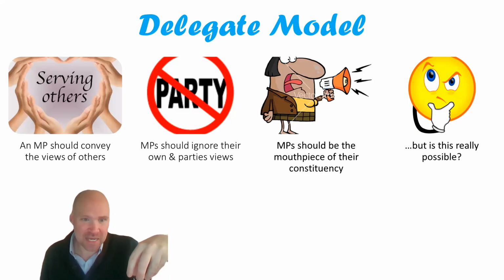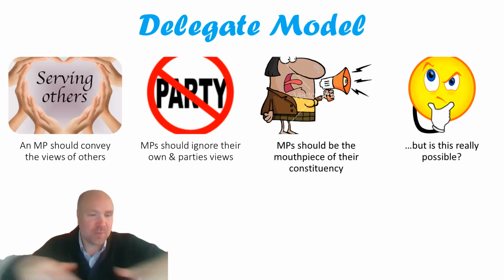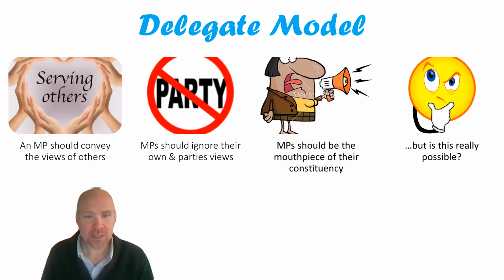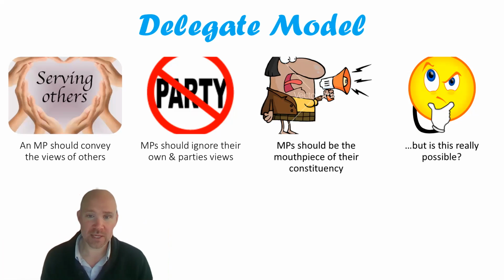That person is then being a delegate. It's one person who is there not to necessarily represent themselves, but to represent the other people from where they came from. This model argues that MPs should ignore their own views and ignore their party's views, and instead MPs should be purely the mouthpiece of their constituency.